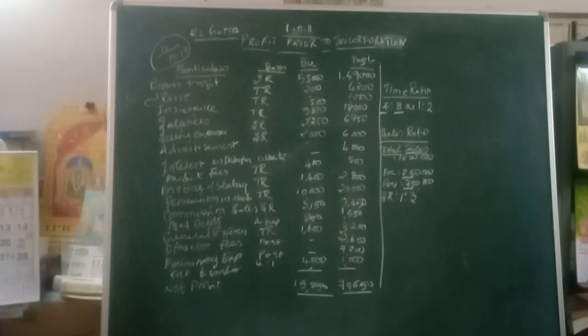Advertisement, delivery vehicle, bad debt, all these things are based on sales ratio. And selling expenses, given just above advertisement, is also apportioned on sales ratio. Here we have taken 2 lakh 50,000 is to 7 lakh 50,000. If we simplify that, it comes to 1 is to 3.